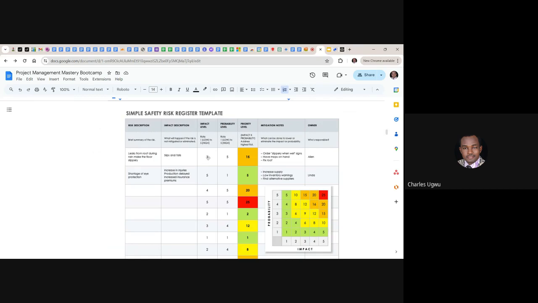And then we see what is the impact level. Rating the impact level from 1 to 5, 1 is the lowest and 5 is the highest. You capture the impact level. For you to capture the impact level, it is not mathematics.